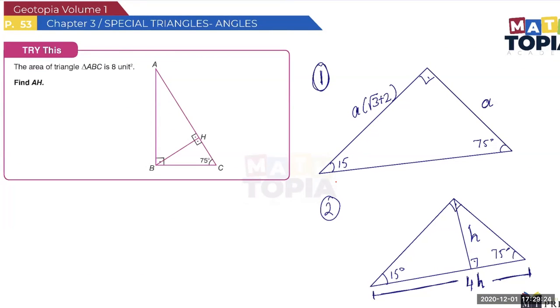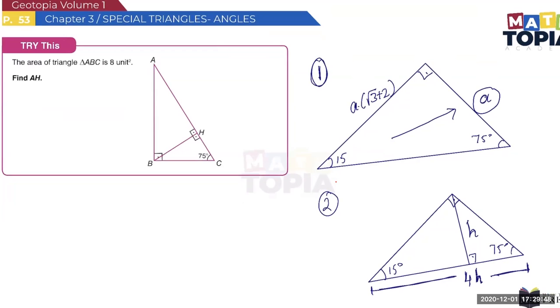I would like to just remind you, if you have side A right across the 15, 75 would be root 3 plus 2 times that short side. The second feature of the 15, 75, 90 triangle, this is also very nice to see, h and 4h. Hypotenuse is 4 times the shortest height.